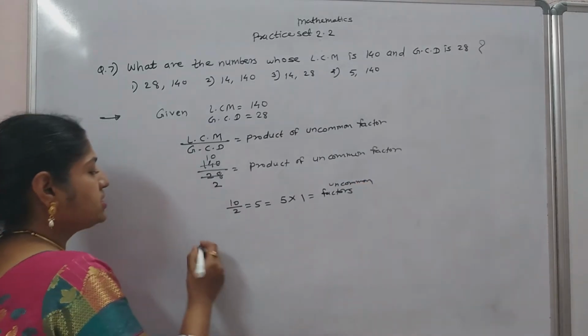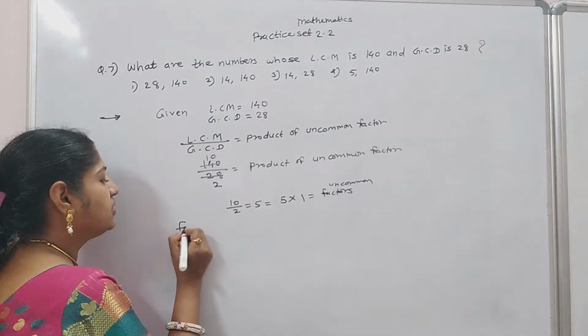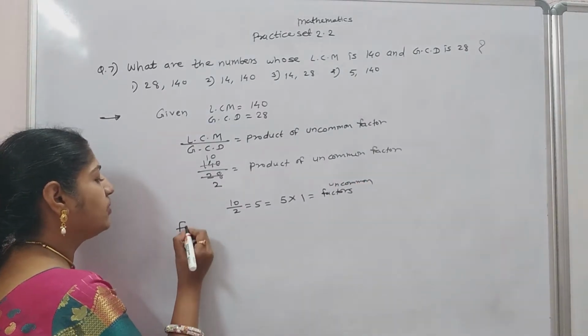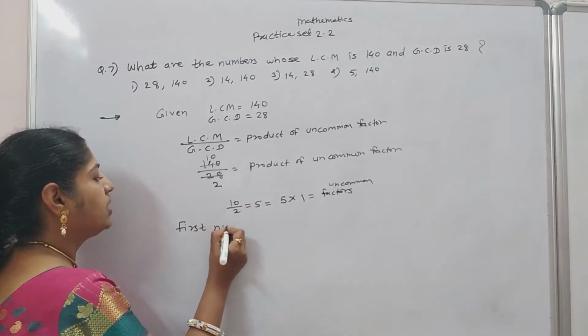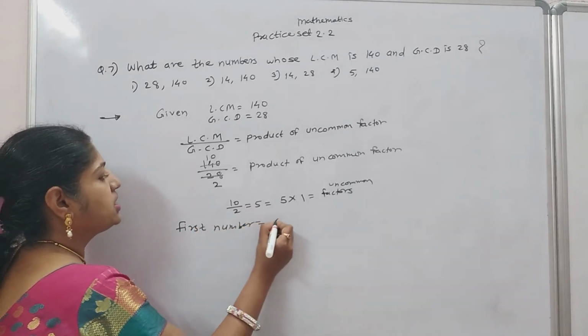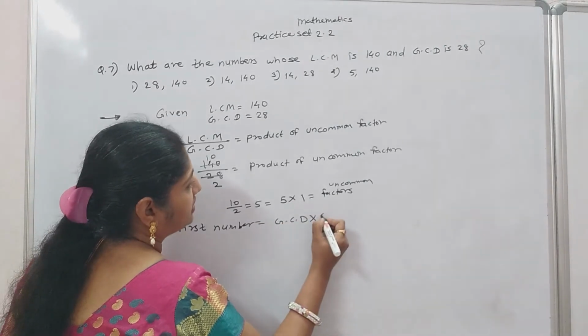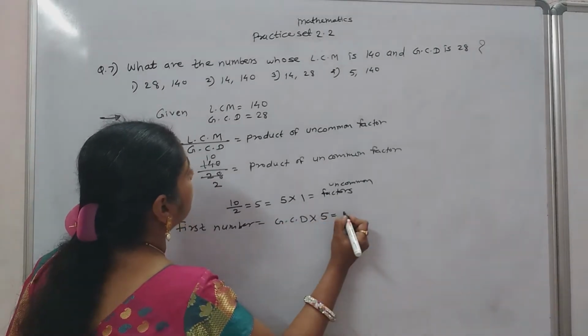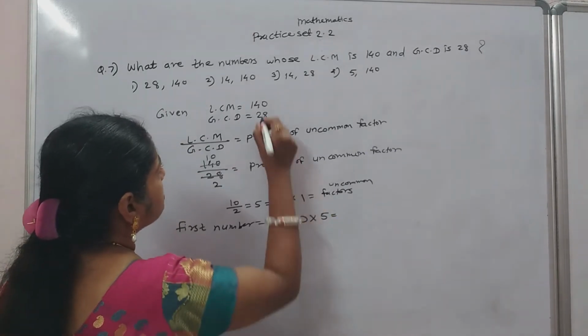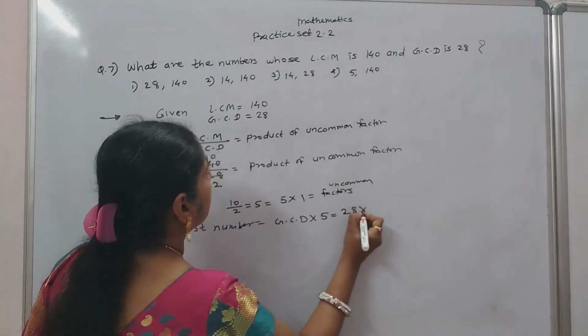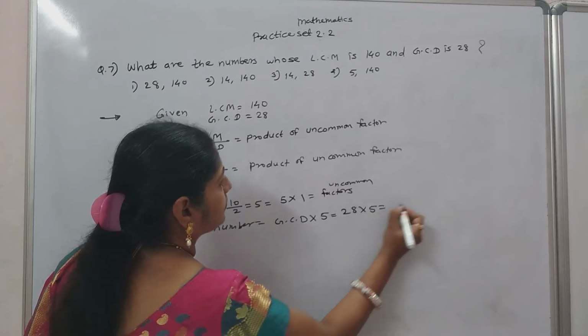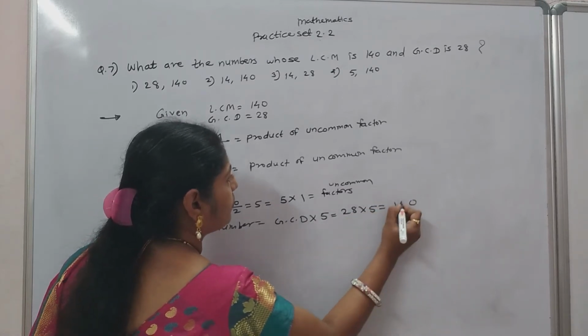Now, what is the method for finding the numbers? First, we find the first number. The first number equals GCD into one factor, that is 5. GCD is 28. 28 into 5 is 140.